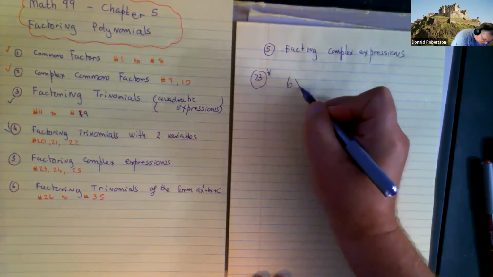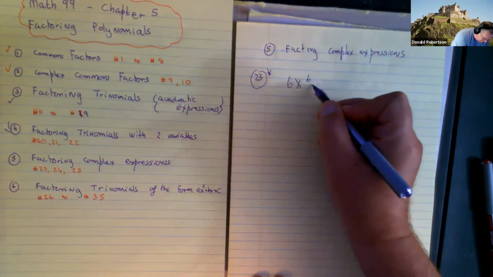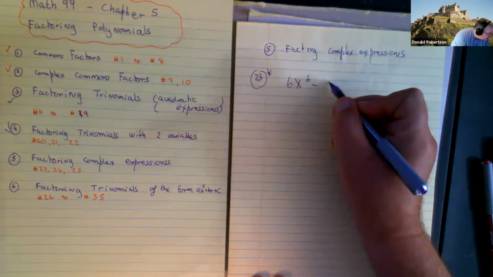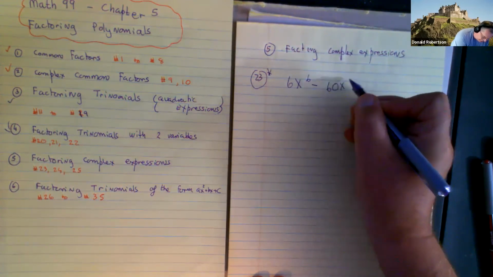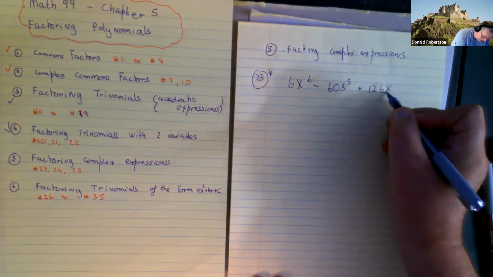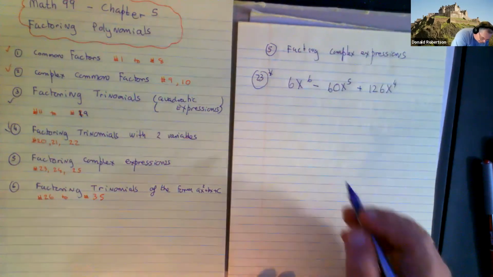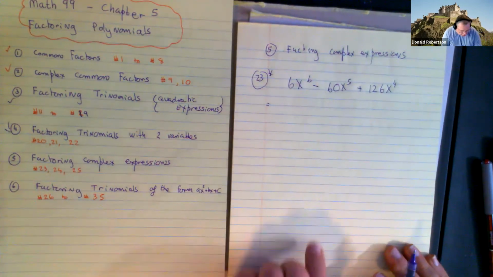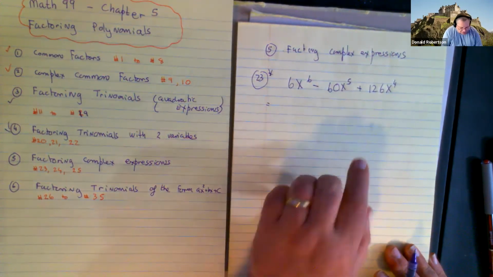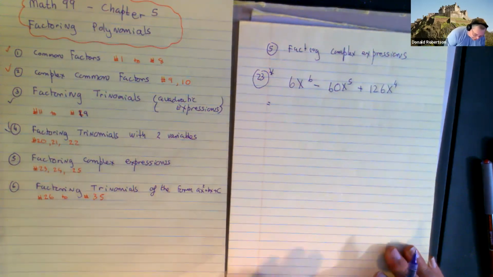It's going to be 6x to the 6, subtracting 60x to the 5, plus 126x to the 4th. Now essentially what we're going to do is take out a common factor first, and then whatever's left, we'll see if we can factor it.